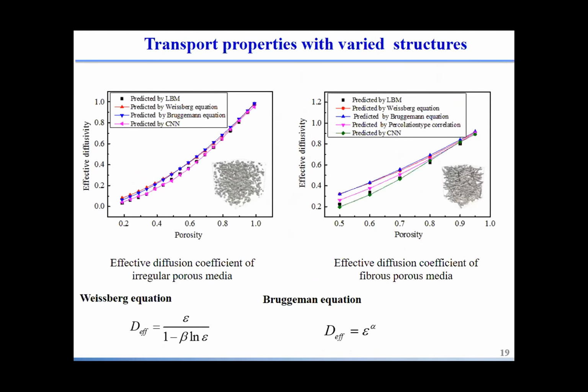How about the effective diffusivity? This figure shows the diffusivity predicted by the CNN, and this is predicted by the Lattice-Boltzmann method. And these are two equations from the empirical correlations for these irregular structures and for fibrous structures.